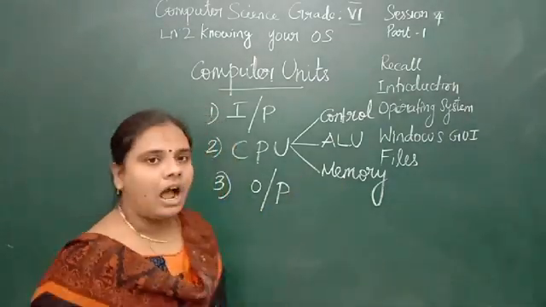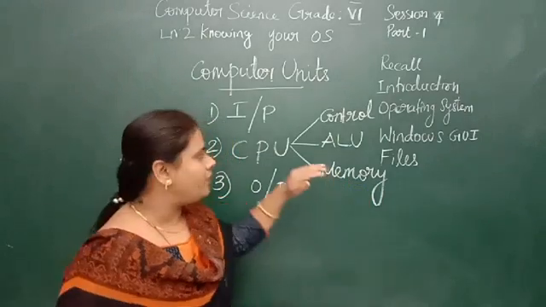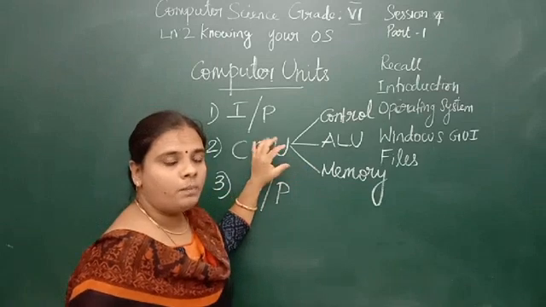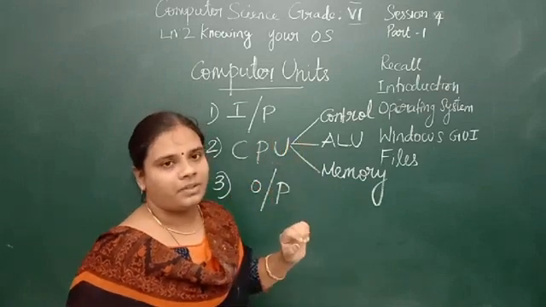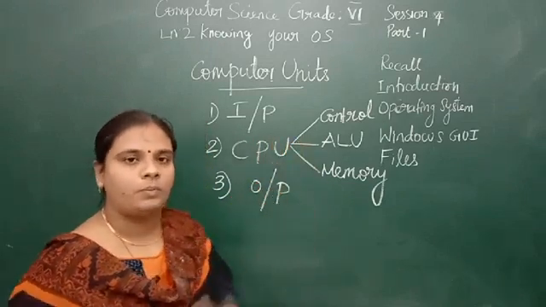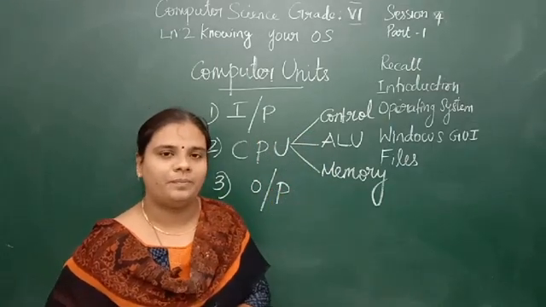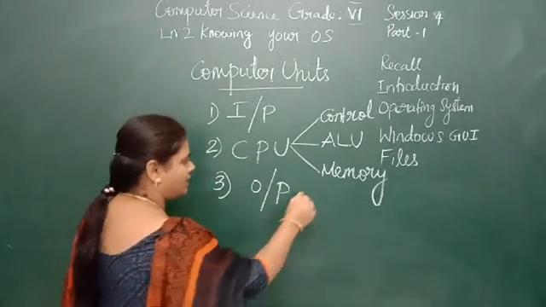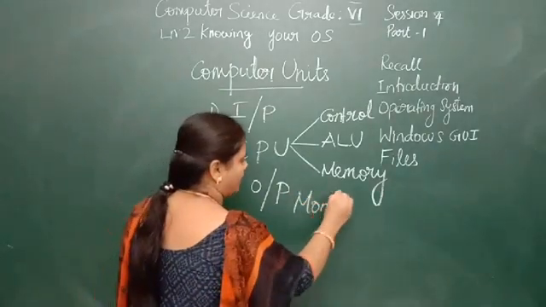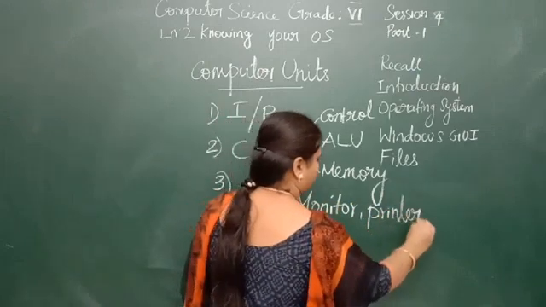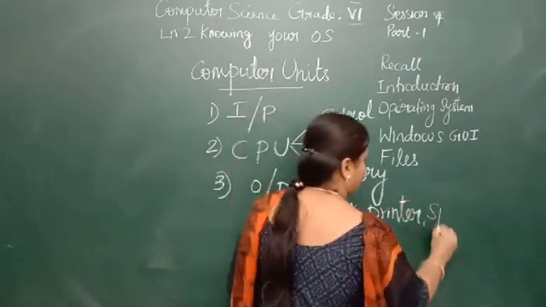Okay, finally the output unit. After processing the data with the central processing unit, the output is stored in the memory. What are the output devices? You have studied them. You can say monitor, printer, and speakers.